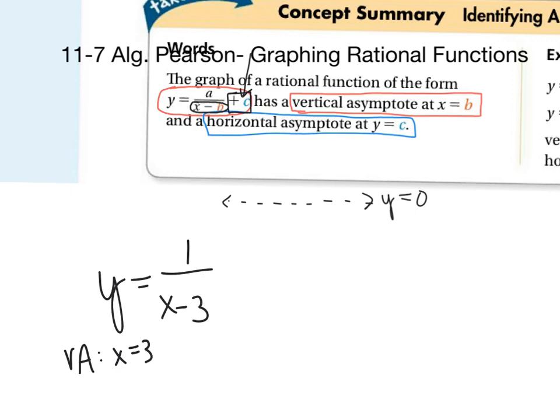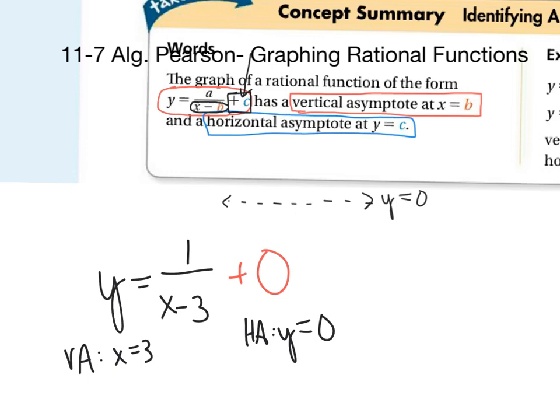The horizontal asymptote, if you notice, there's no number being added here or subtracted either way. What we could do though, you can add 0. If you add 0, that doesn't change it. And so then from that you could see your horizontal asymptote is y equals 0.